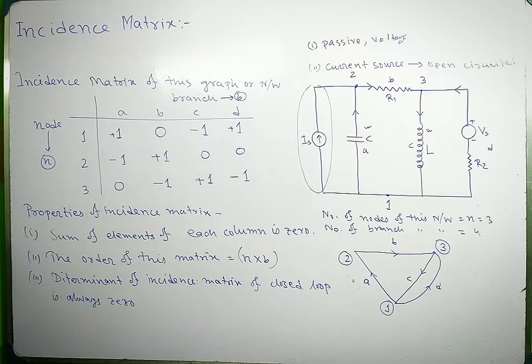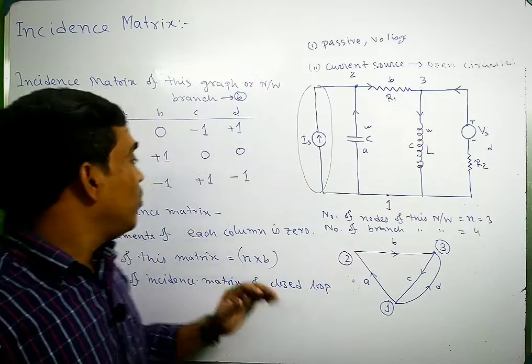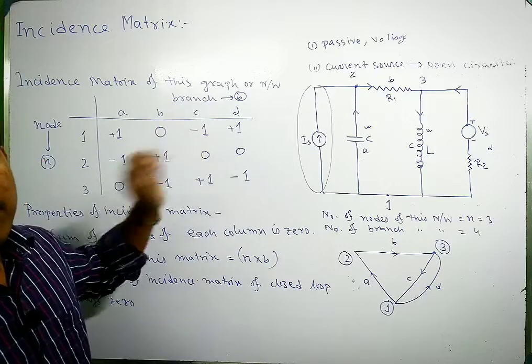Okay, is always 0. So these are the 3 main properties of an incidence matrix.